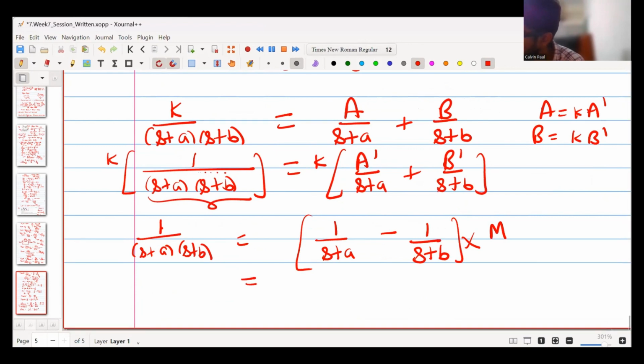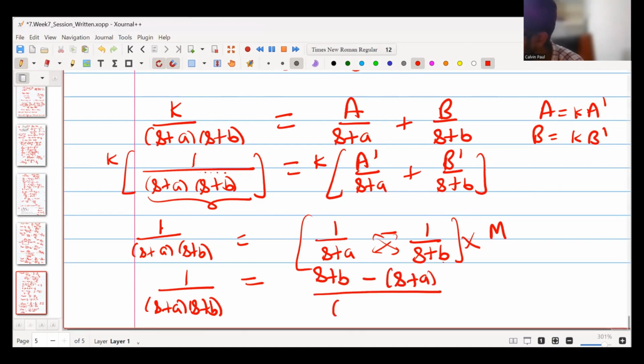If you cross multiply, so this becomes equal to, we have 1 upon s plus a into s plus b is equal to s plus b minus s plus a upon s plus a into s plus b into m.